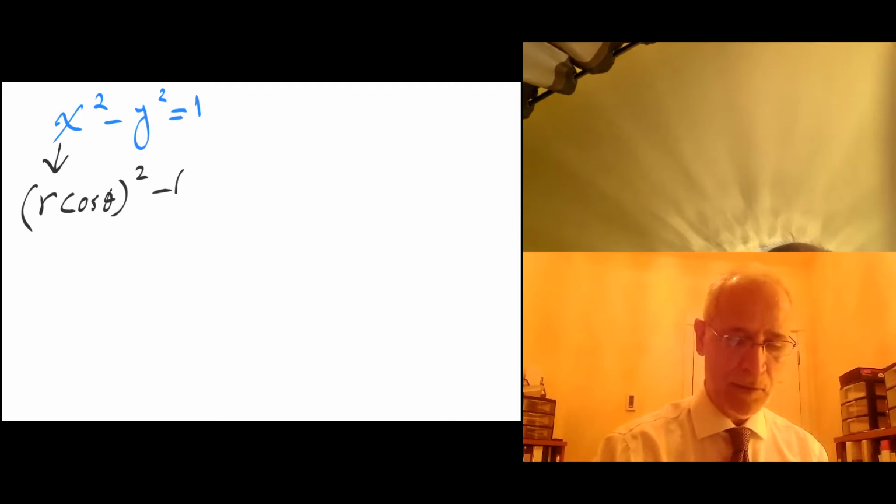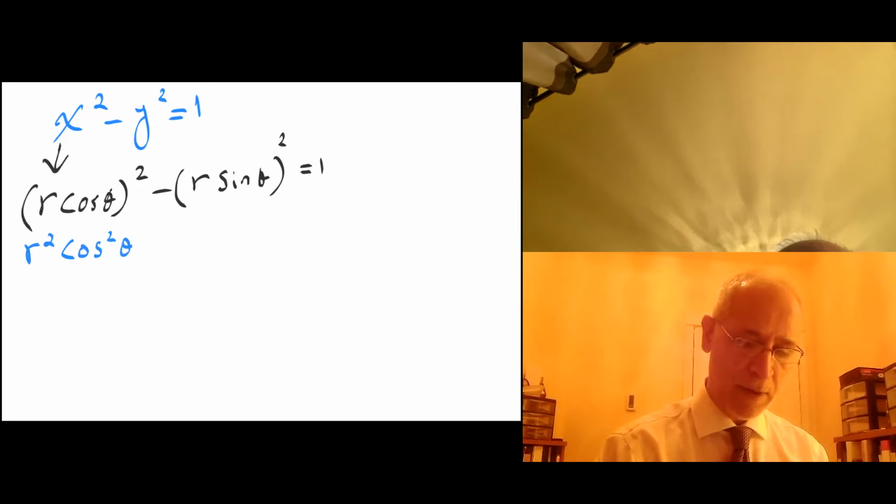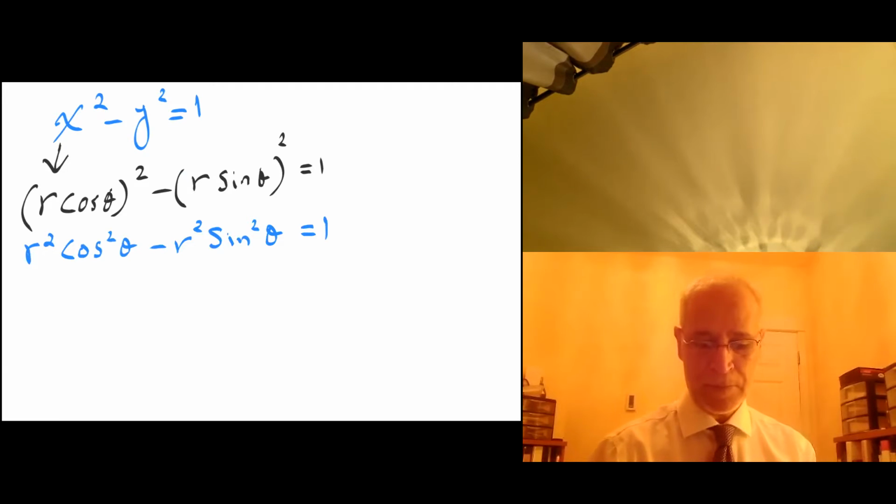First of all, this x right here is r cosine of theta to the second power, minus y is r sine of theta to the second power, equals 1. And this is the same as saying r squared cosine squared of theta minus r squared sine squared of theta equals 1.